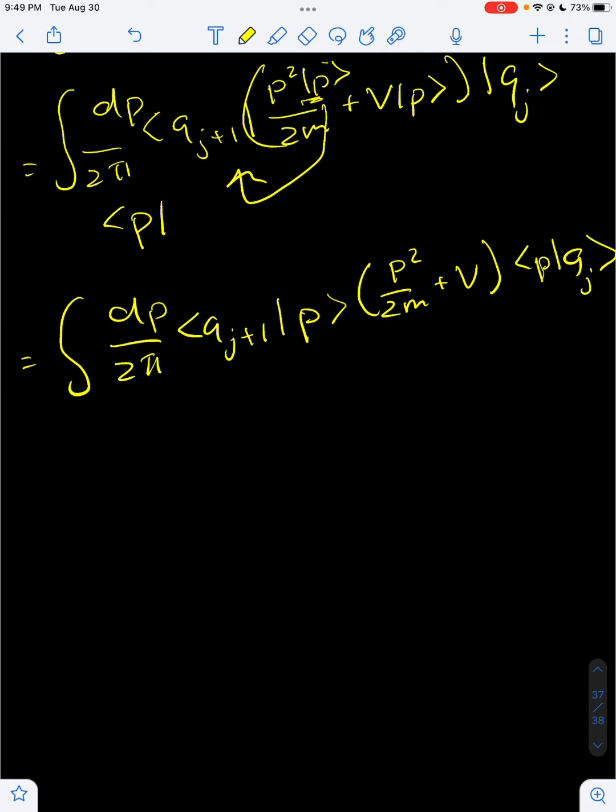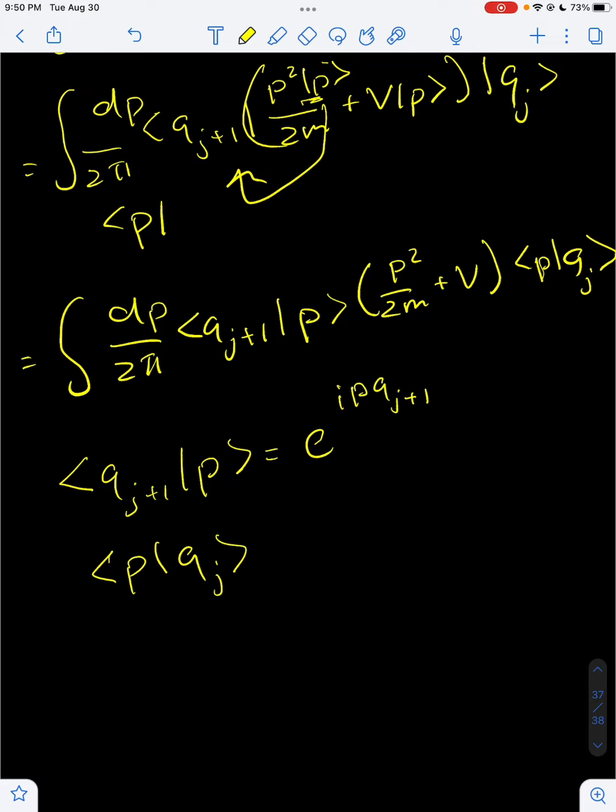So now we can use the cool property that <q_{j+1}|p> is just... Did I forget? I did not forget what this is. No, I forgot. This is like a staple thing in quantum mechanics, and I didn't forget. It's just e to the i p q_{j+1}. So then what's the product <q_{j+1}|p><p|q_j>, you ask?